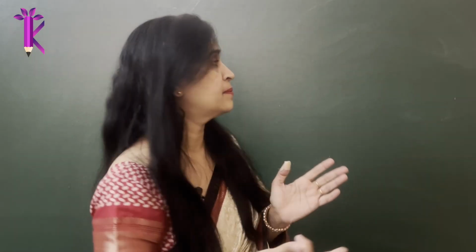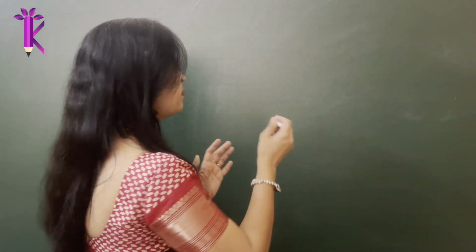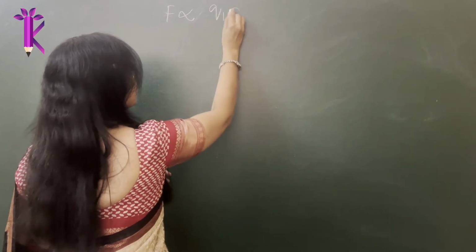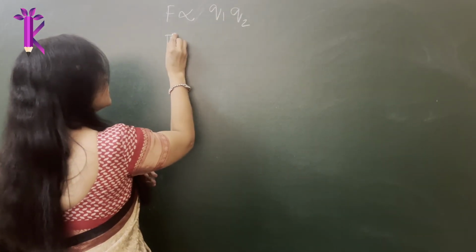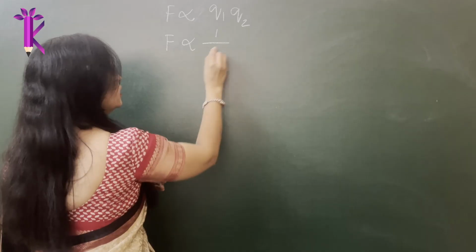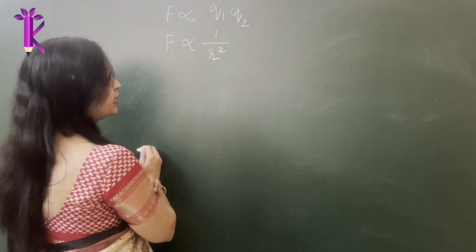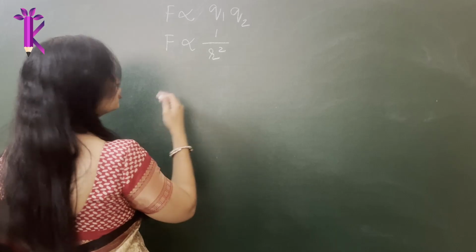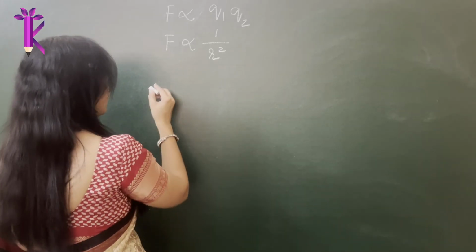So now let us combine this definition or statement of Coulomb's law into a mathematical statement. So we spoke about the magnitude, that is force is directly proportional to the product of the magnitude of the charges, and it is inversely proportional to the distance of separation between them and acts along the line joining the two charges, right? 2 point charges to be specific.